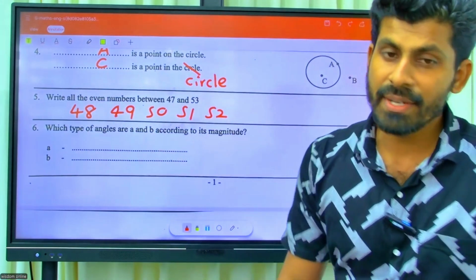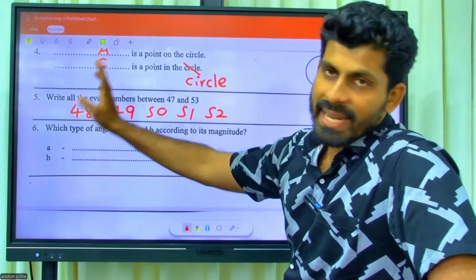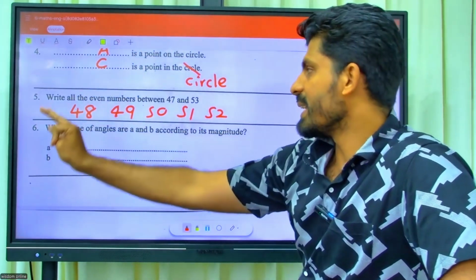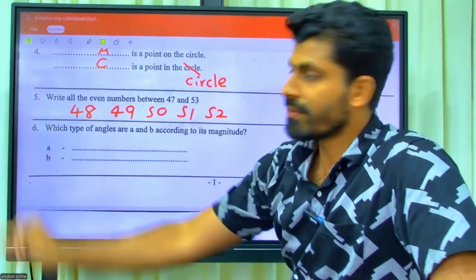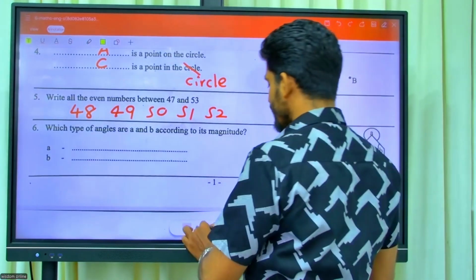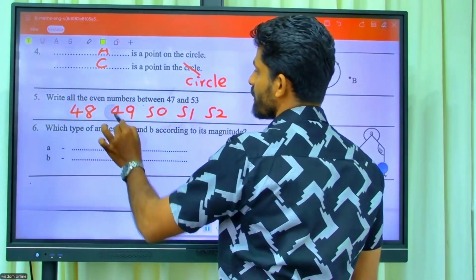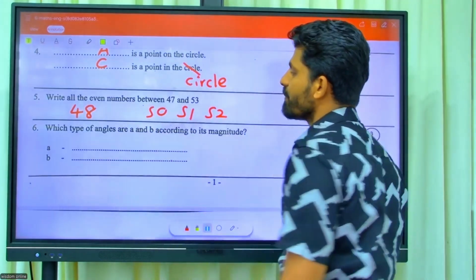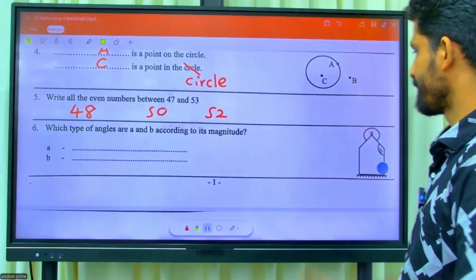So what are the even numbers? 48 is even, 50 is even, 52 is even. So the even numbers are 48, 50 and 52.